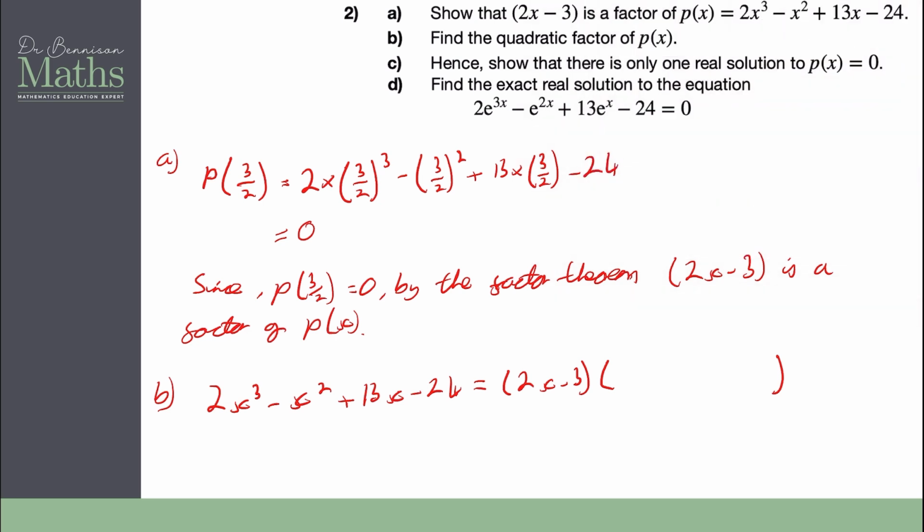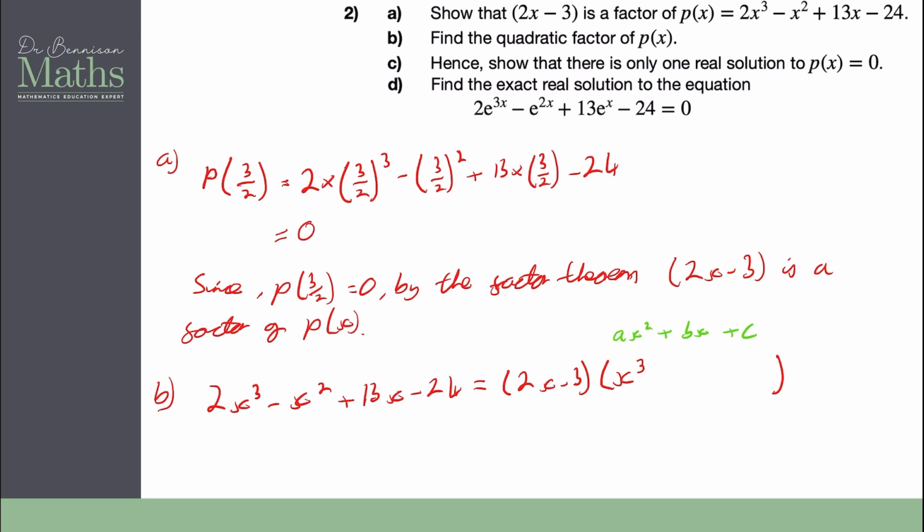What I'm looking for is some quadratic ax squared plus bx plus c, and I just need to find what that quadratic is. Well, I'd work inwards, so I'll do the a and the c first, because for the a, to get the 2x cubed, I've got a 2x in my first bracket, so I must have just x squared here.